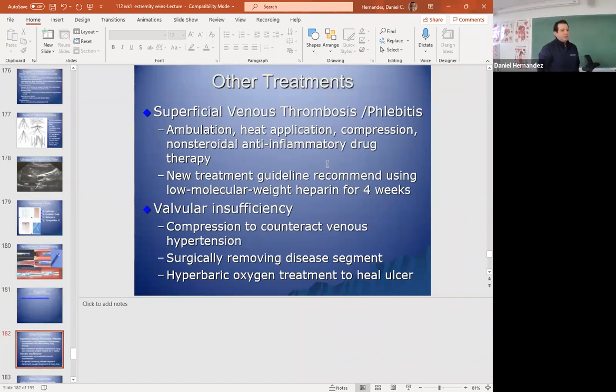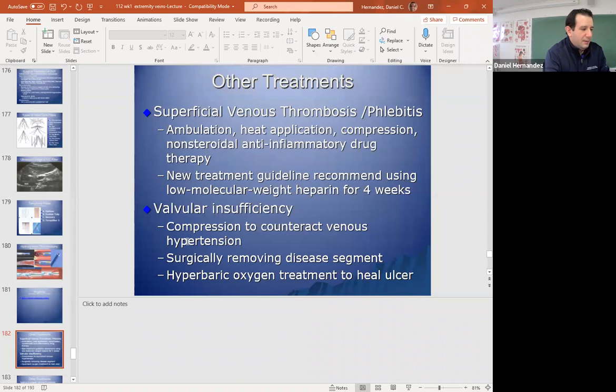Some other treatments. When we're talking about superficial veins, patients with superficial venous thrombosis or phlebitis, we can have ablation or heat application. Potential treatments could be compression therapy. We can use non-steroidal anti-inflammatory drugs.